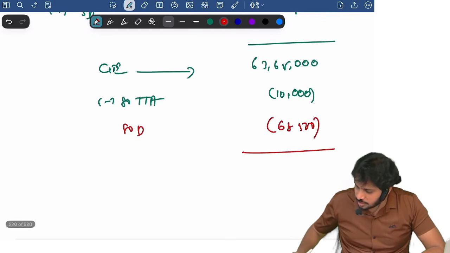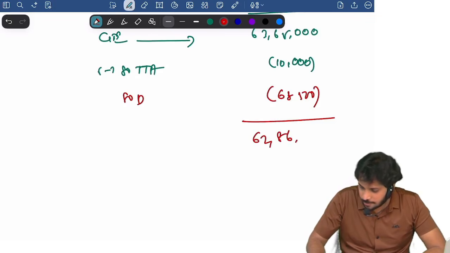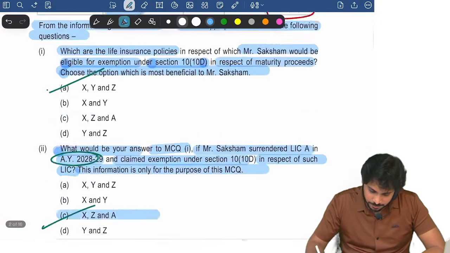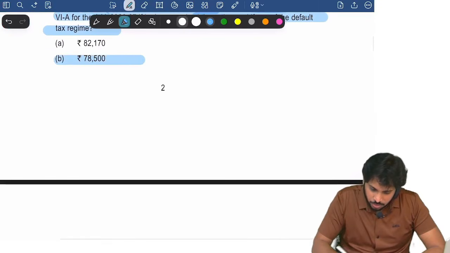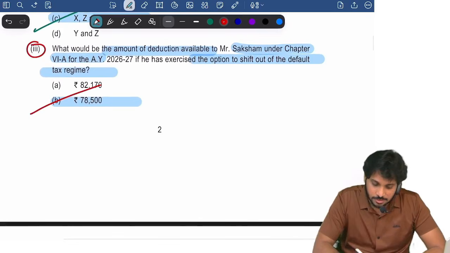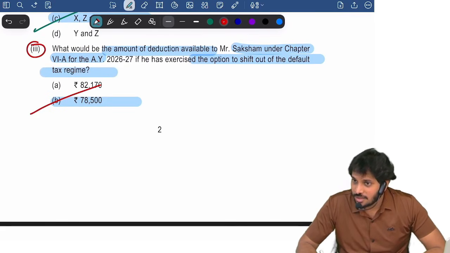So what is the total income? 63,65,000 minus 78,500 is equal to 62 lakh 86,500. Now one of the questions is chapter 6A, how much? Over, answer B. Correct? Third question, MCQ 3, option number B.